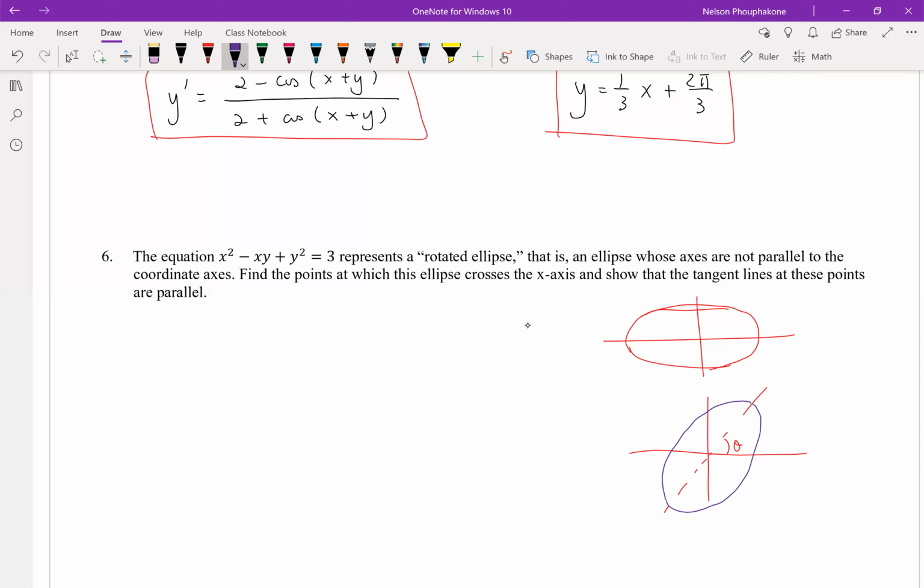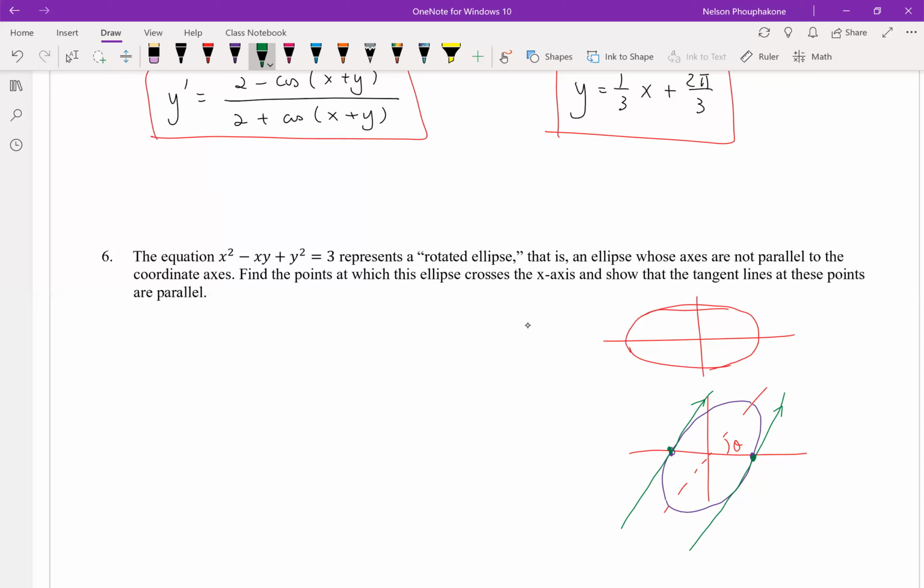So we have the 2 points that cross the x-axis, and from these 2 points we would like to find the 2 tangent lines, and then show that they are parallel.